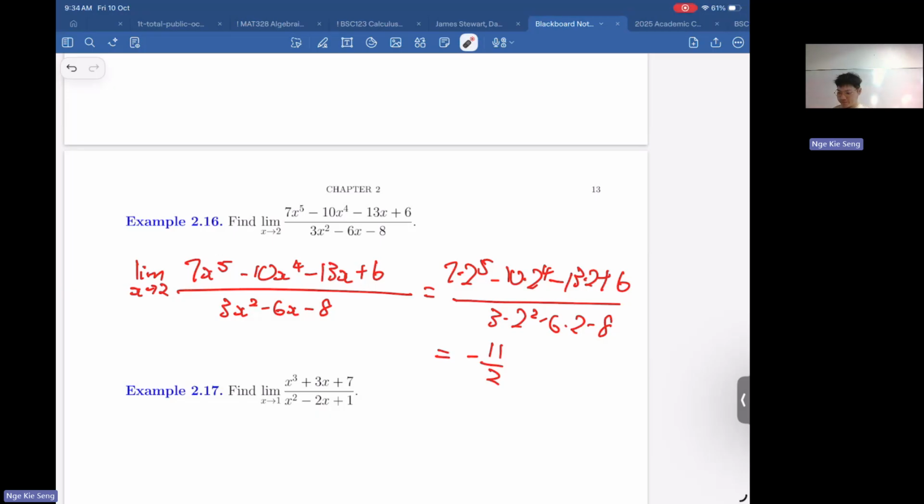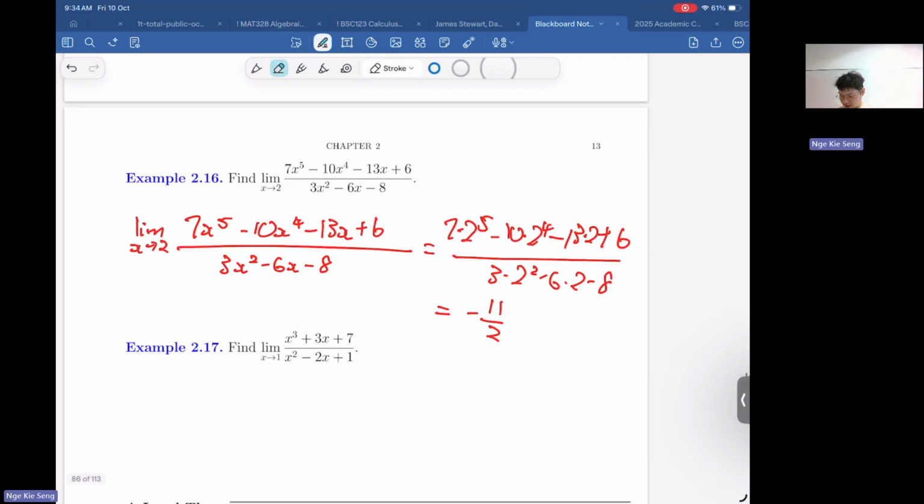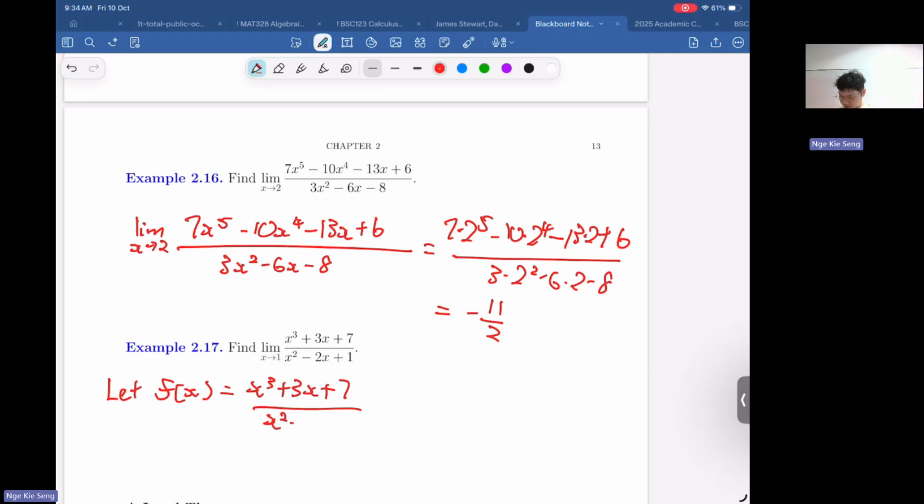So let f(x) equal x cubed plus 3x plus 7 over x squared minus 2x plus 1. How do you see that it doesn't work? Maybe you can try to factorize your denominator.